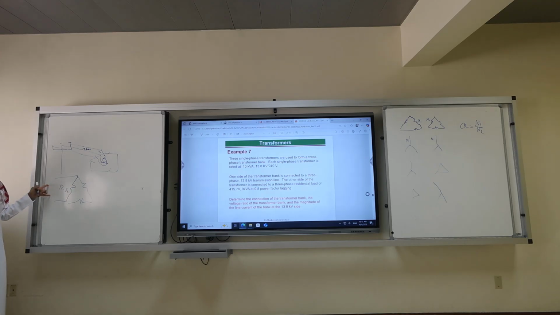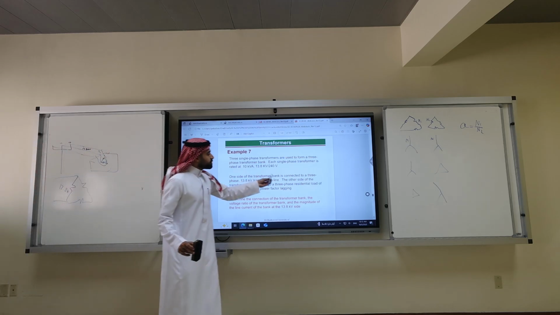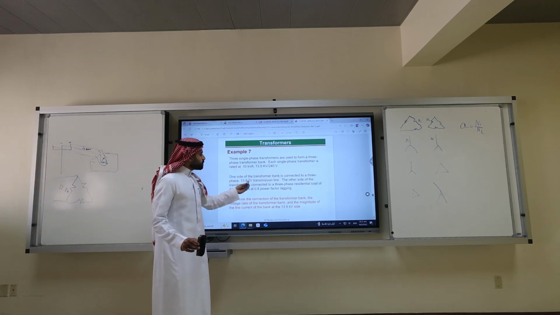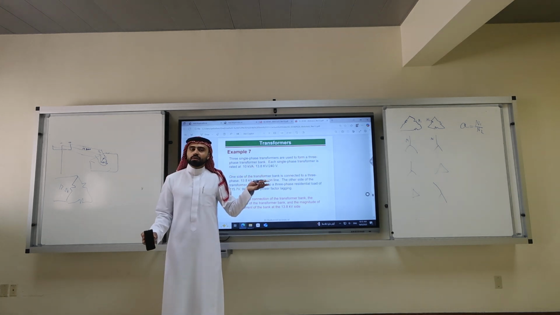The coil matches a line to line. So one side of the transformer is connected to a 3-phase 13.8 transmission line. This is equivalent of saying it is delta.